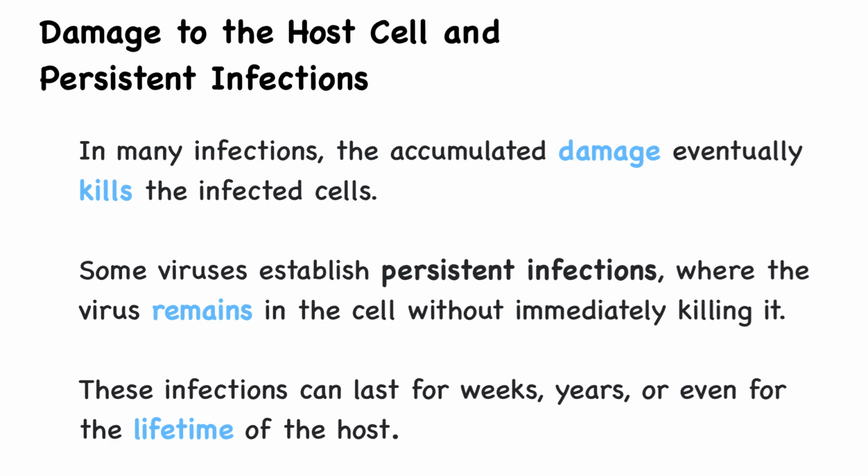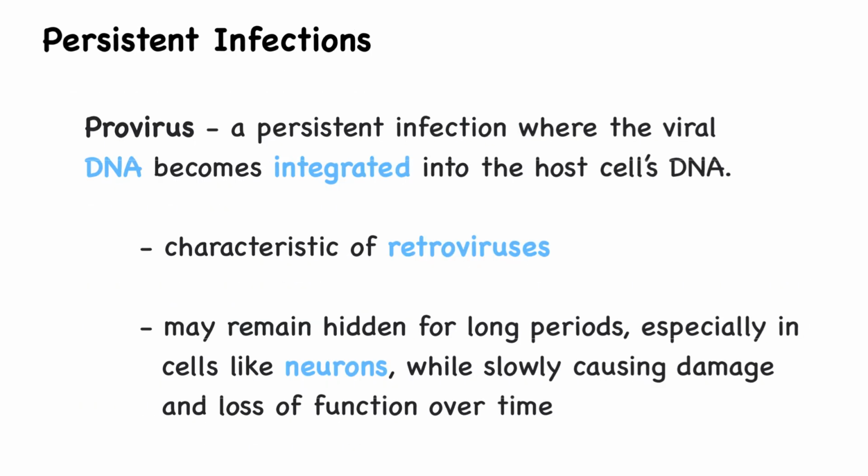However, not all viral infections follow this rapid destructive pattern. Some viruses establish persistent infections, where the virus remains in the cell without immediately killing it. These infections can last for weeks, years, or even the lifetime of the host. The virus can remain latent in the cytoplasm of the host cell or be known as a provirus.